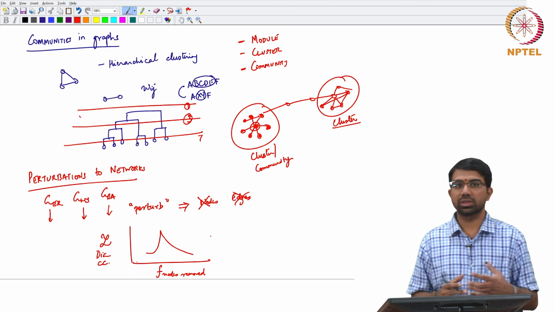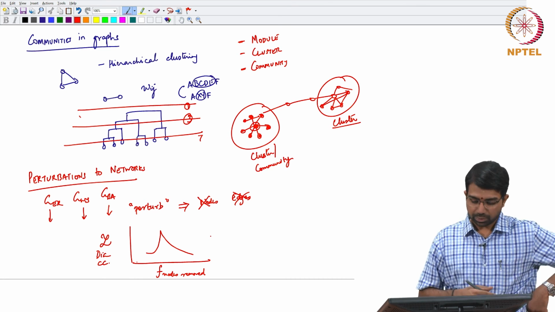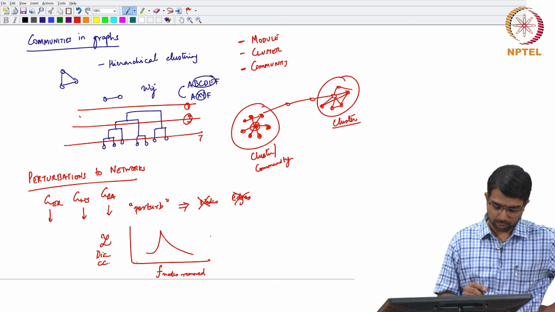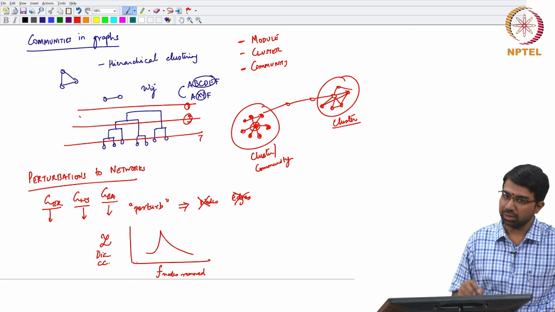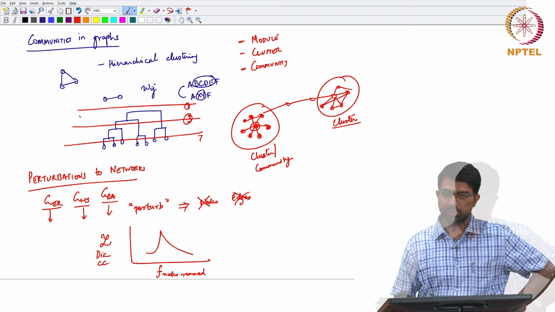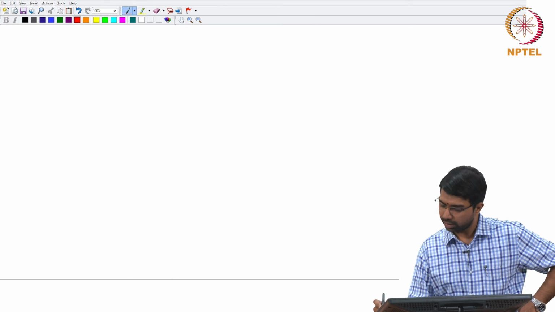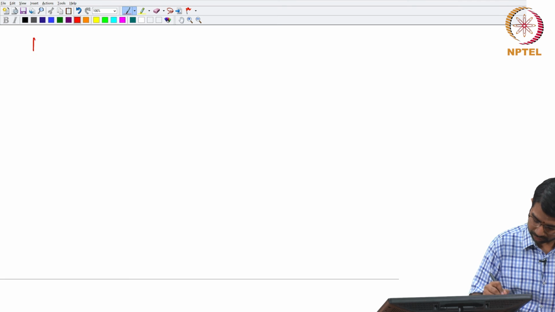Let us try to do this in a lab session. You first have to write codes to generate these basic networks, and then knock out something and then study. Then finally, we look at motifs.